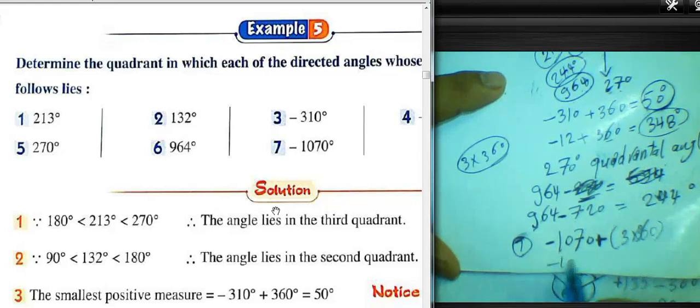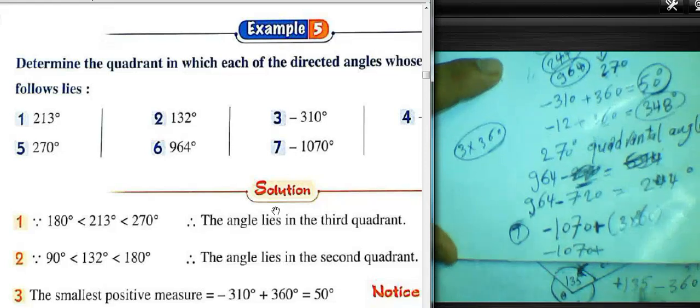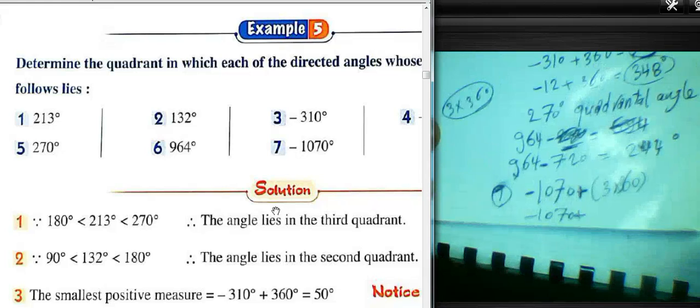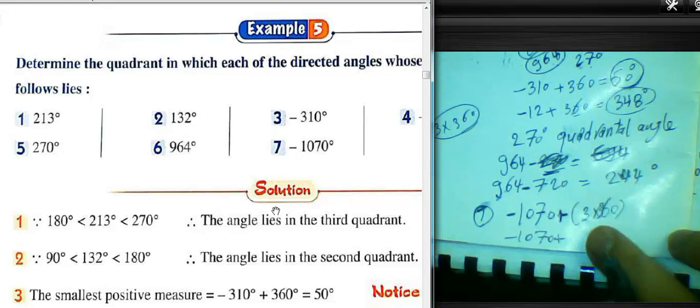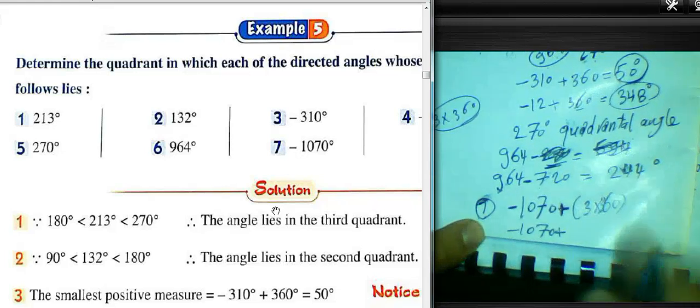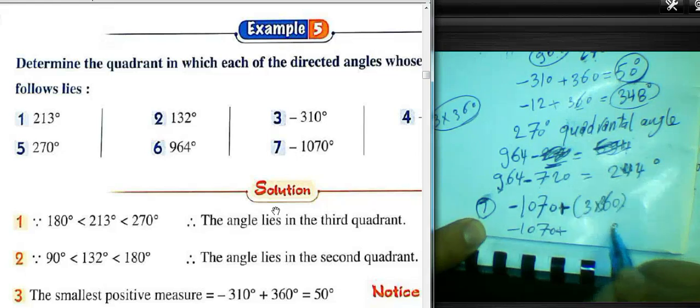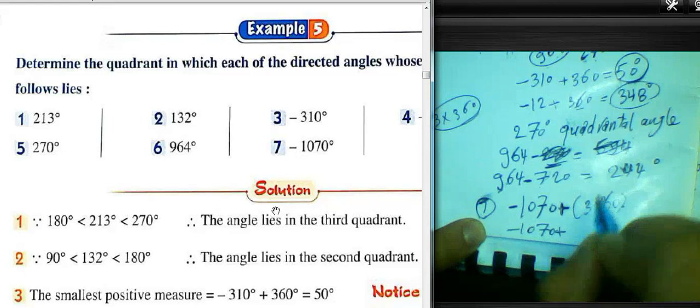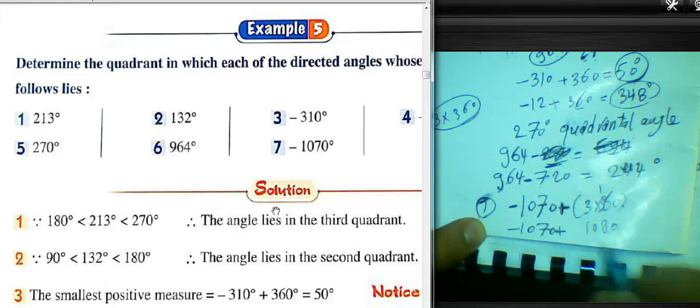Negative 1070 plus 3 multiply 360. 3 times 0 equals 0. 3 times 6 equals 18. 8 and the carry of 1. 3 times 3 equals 9 plus 1 equals 10.